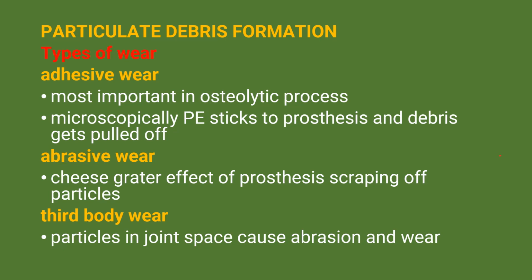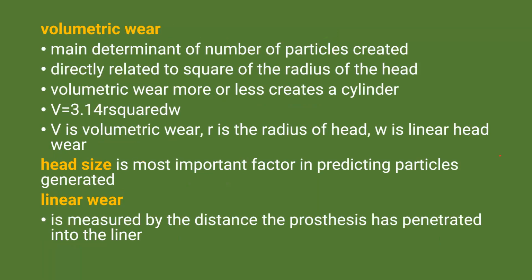Third body wear: particles in the joints cause abrasion and wear. Volumetric wear is the main determinant of the number of particles created, directly related to the square of the radius of the head.